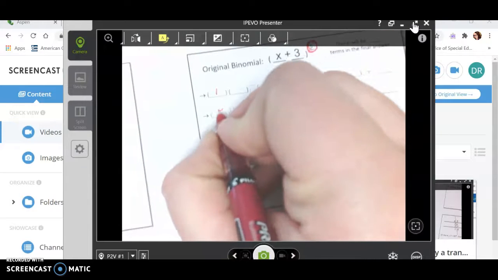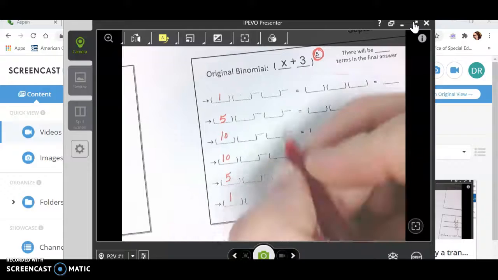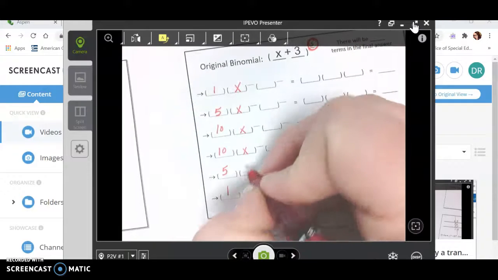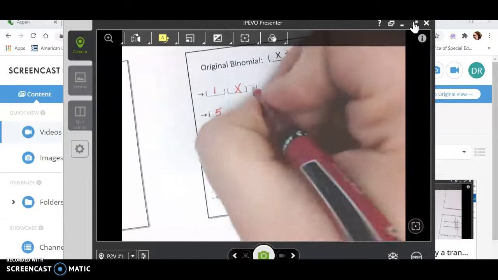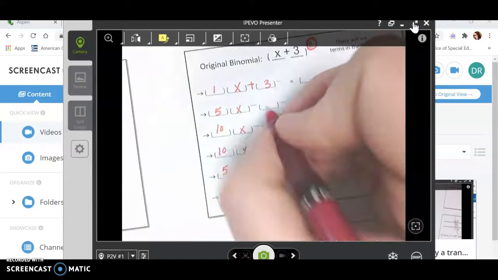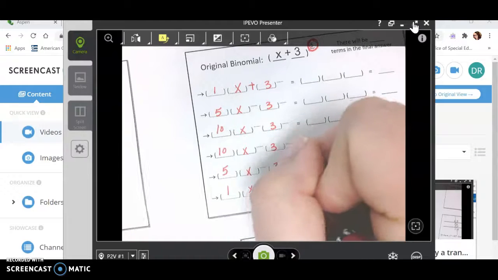1, 5, 10, 10, 5, 1, and then you have x here. x, x, x, x, x, and then we have plus 3. So we're going to use 3, 3, 3, 3, 3, and 3.